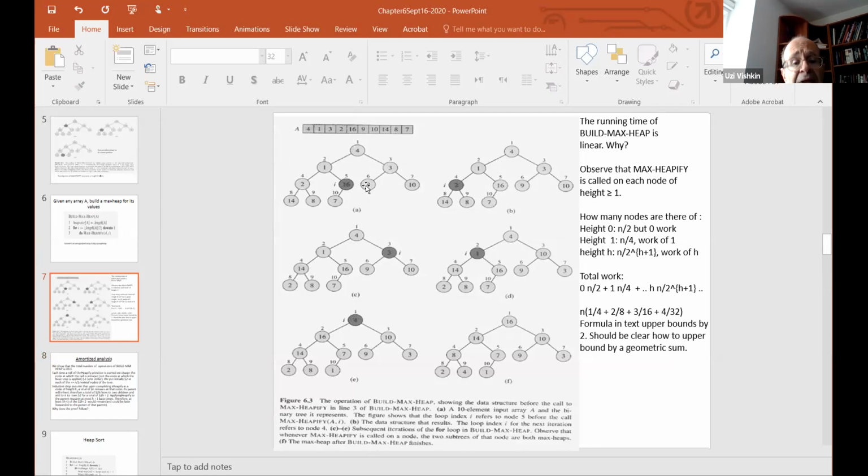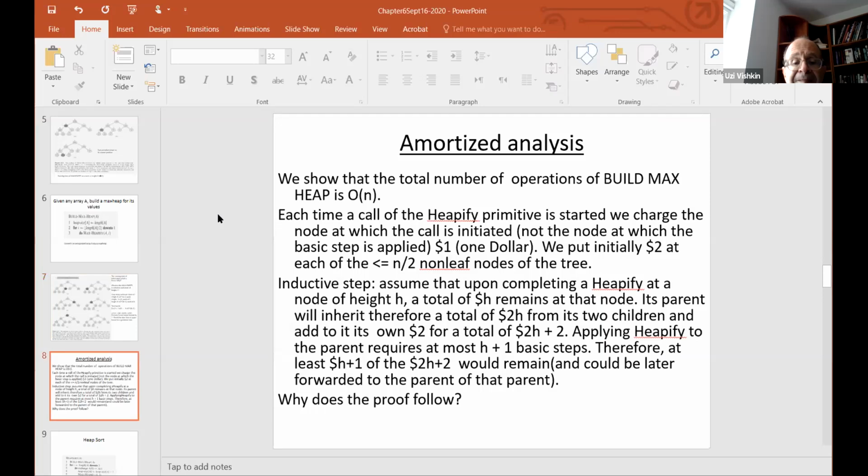We put no money near nodes 6 to 10 because they are leaves. How many dollars did we put? At most $n, right? Because we have at most n/2 non-leaf nodes, and we put $2 by each.